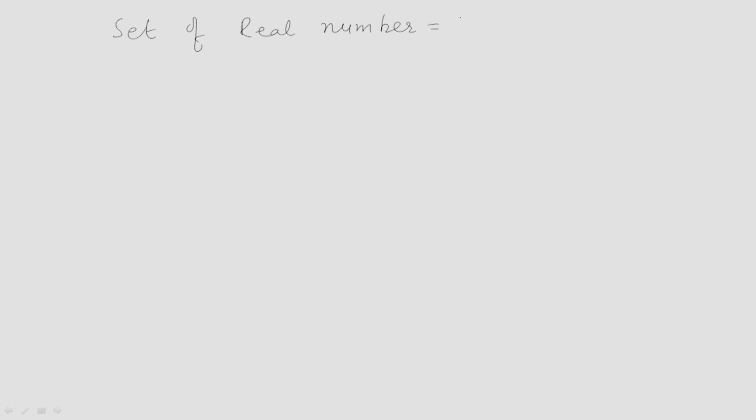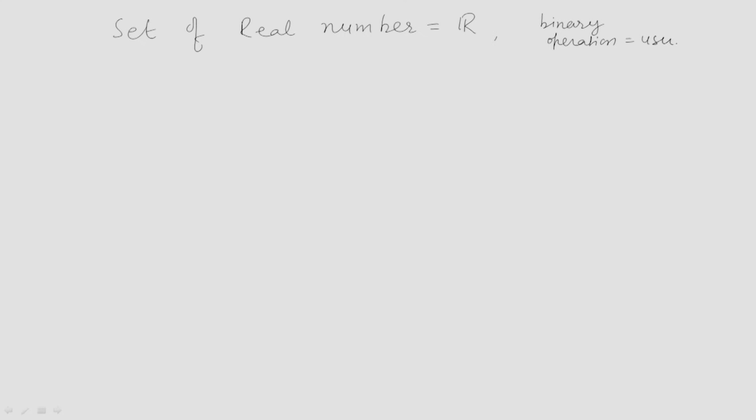Let us suppose the set of real numbers is denoted by capital R, and under which binary operation it must be mentioned. The binary operation which we are defining here is, suppose, usual addition.